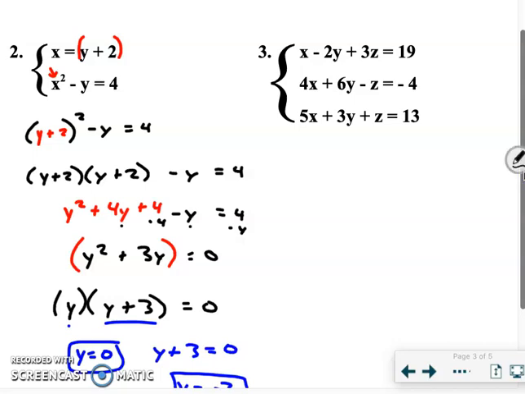So, again, at the very beginning of that problem, if we instead wanted to go a slightly different route, and if I would have maybe rewritten this as I subtract the y over, x minus y is equal to 2, and I still got my x squared minus y is equal to 4. So if you're questioning, could we have done the elimination method with the y's, you're absolutely right.